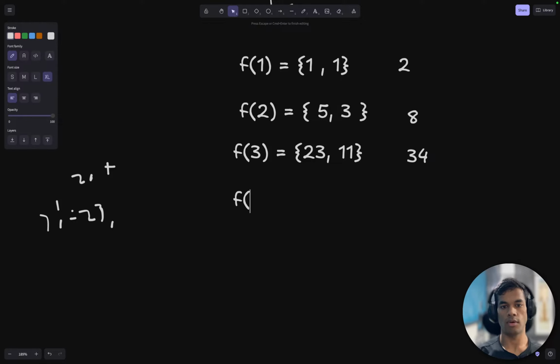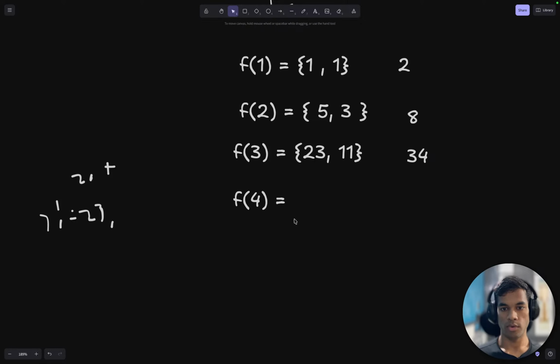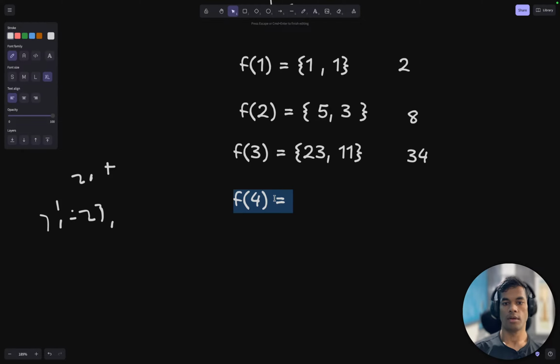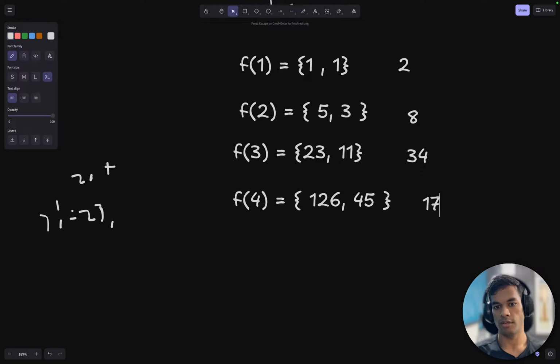And then F4 would be equal to 5 times this number, which is 115, 115 plus 11, 126 comma 11, 22, 22 plus 23, 45. And if we sum both of these, we will get 171. I think that is right.